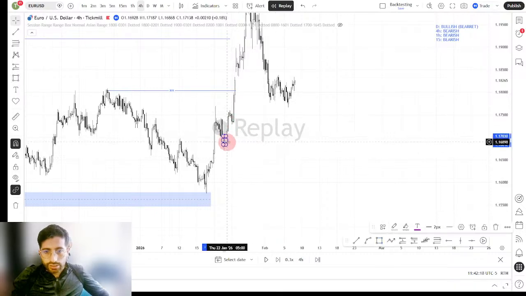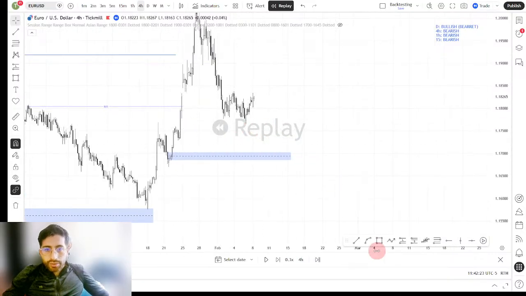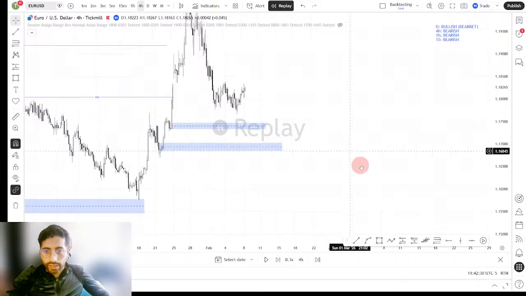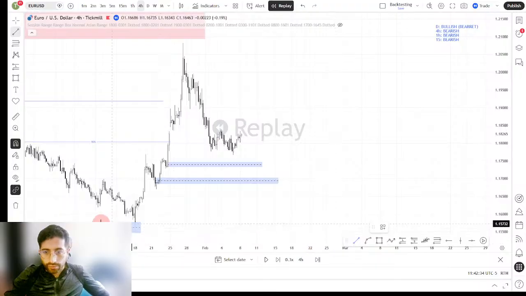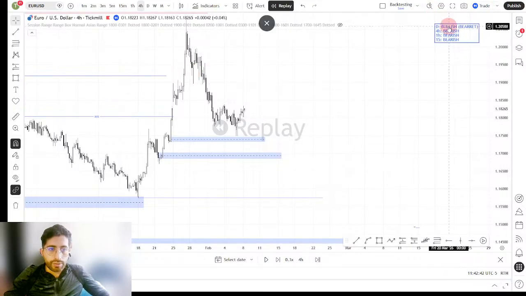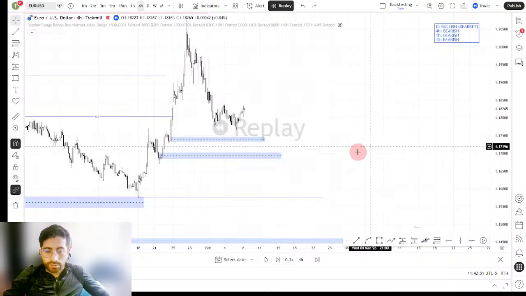This one is a decisional. This is also a potential entry point, to be honest, so we need to wait for possible reactions at this point. And this is the scenario so far. This is the context we got from the 4 hour time frame. We're bullish, and as well we're in a bearish retracement. So let me update this. We are bullish in a bearish retracement. This is where we are.